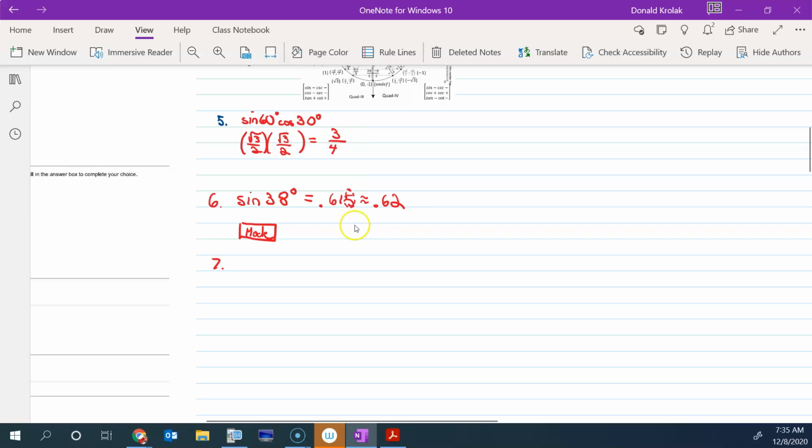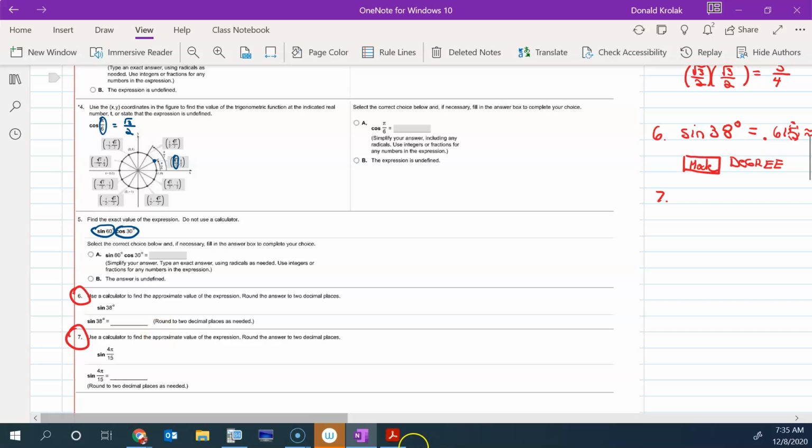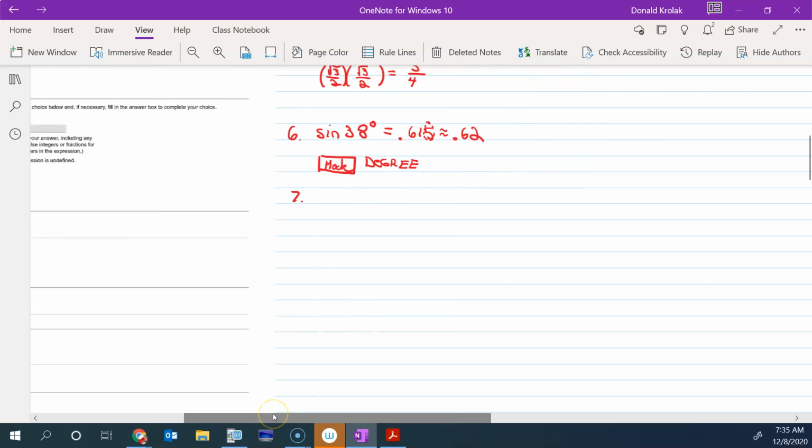Okay, now on the next question, this is in radians. So on this one, we wanted the mode to be in degrees. And on the next one, it's asking you about the sine of 4 pi over 15. So now you got to switch the mode to radians.